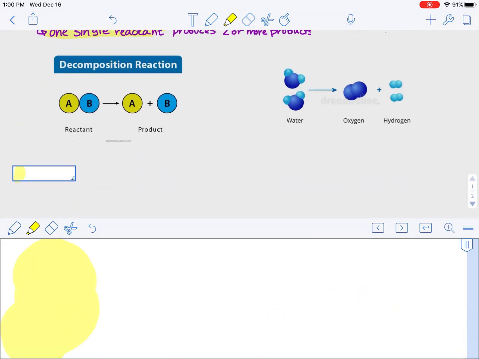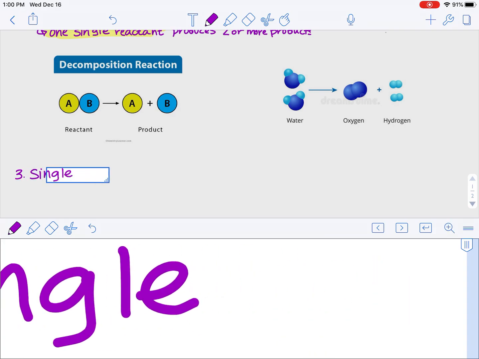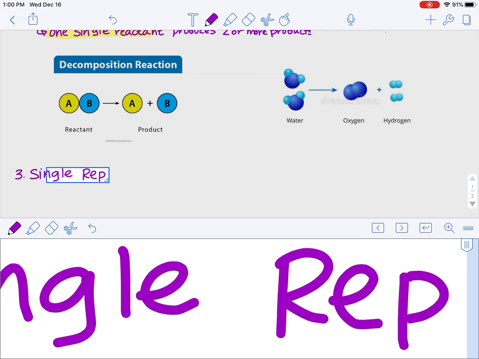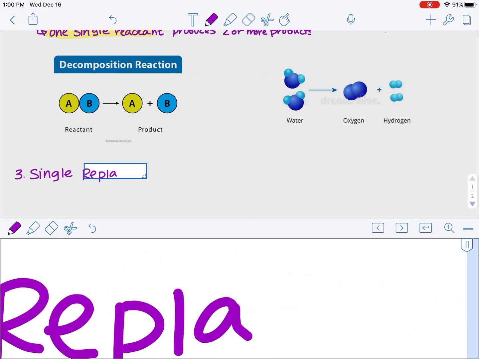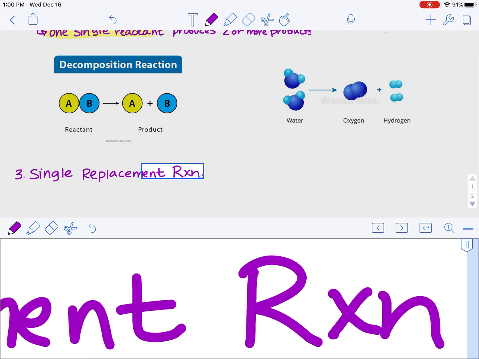Our third type of reaction is called single replacement. Sometimes people call it single displacement, and that's fine. It means the same thing.